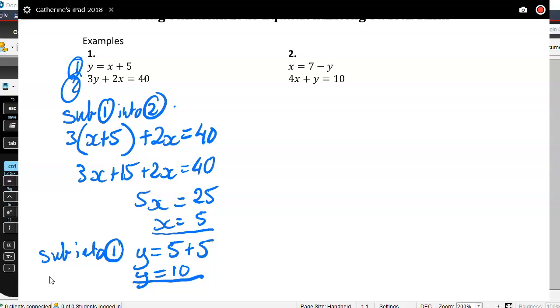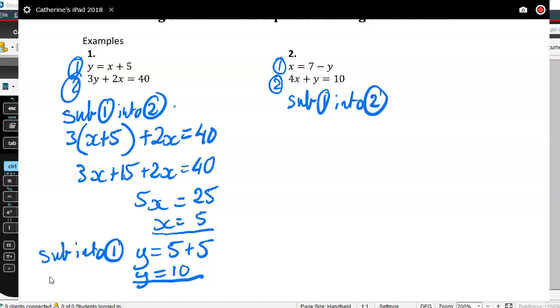And example 2, I've got equation 1 and equation 2. Equation 1 is x equals 7 minus y, and equation 2 is 4x plus y equals 10. Okay, so I'm going to sub 1 into 2.